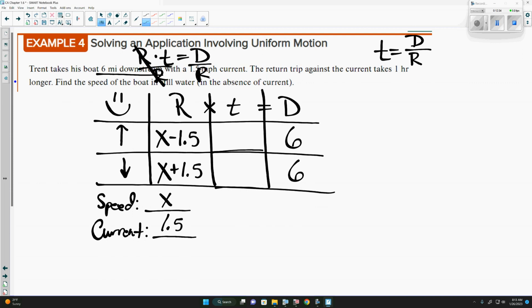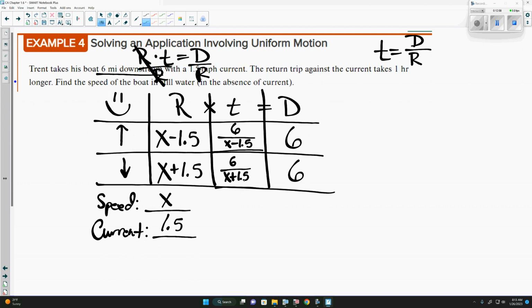So our time here would be what? The distance 6 over x minus 1.5. Here we'd have 6 over x plus 1.5 would be our time if they were equal. Because if they were straight equal, we'd be good here.